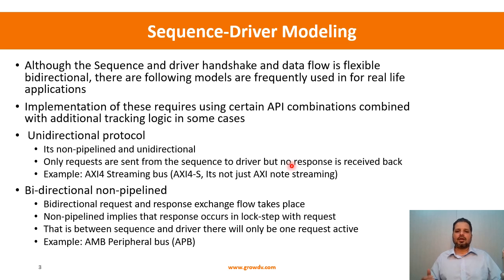One typical example bus that can utilize this unidirectional data modeling is the AXI4 streaming bus, called AXI4-S. It's not an AXI bus, right? It's a special bus called AXI streaming bus. It's just a unidirectional bus based on valid, ready and data type signals. Those types of buses can be modeled using this type of data modeling.